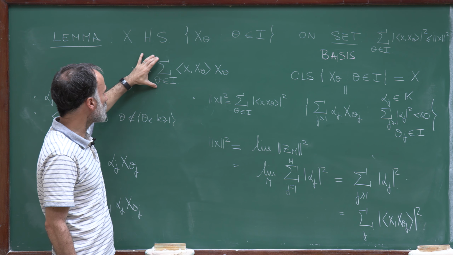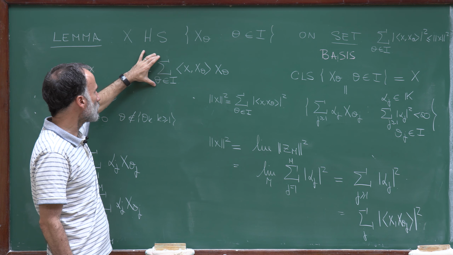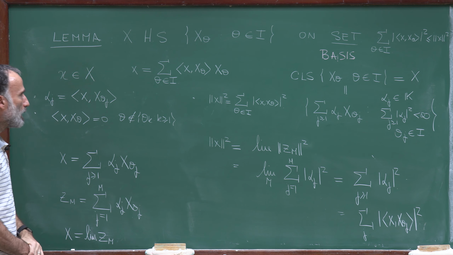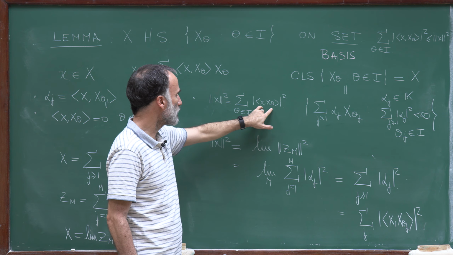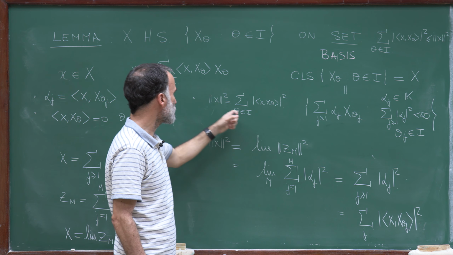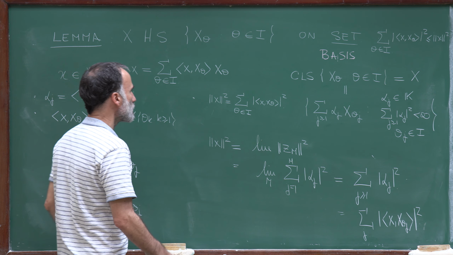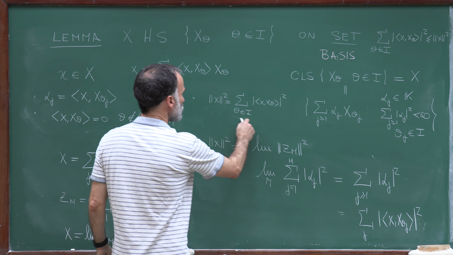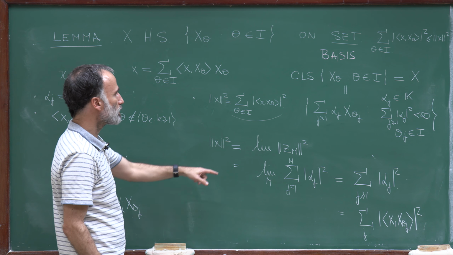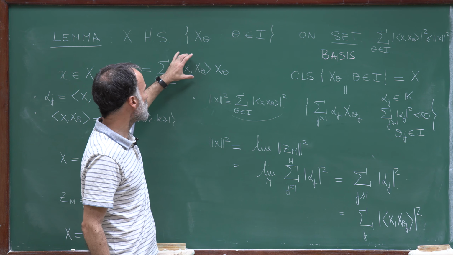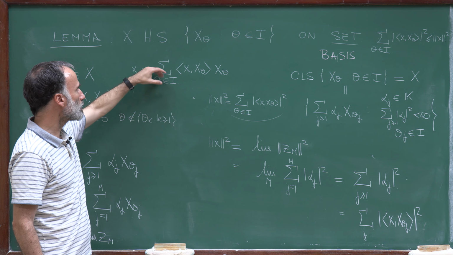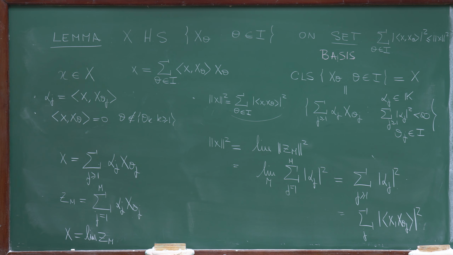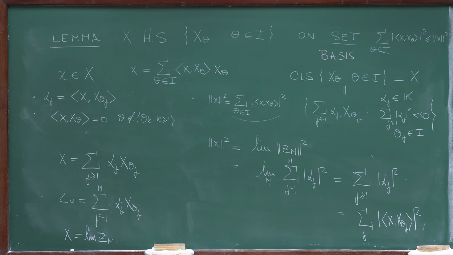So this sum is actually a countable sum. And it makes sense because the sum of the squares is equal to the norm of x squared, which is finite. Therefore this sum is finite, and we have seen that whenever this sum is finite, we can make sense of it as a limit of finite sums. So this proves the last lemma of this lecture.